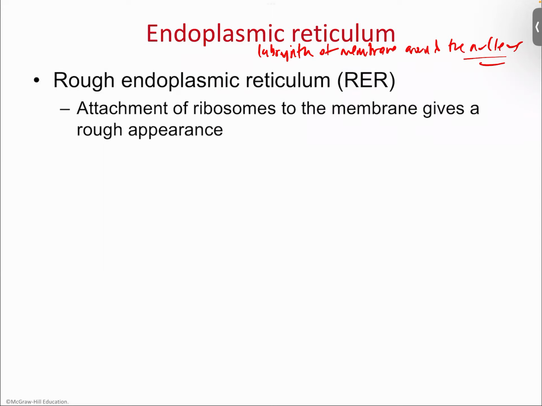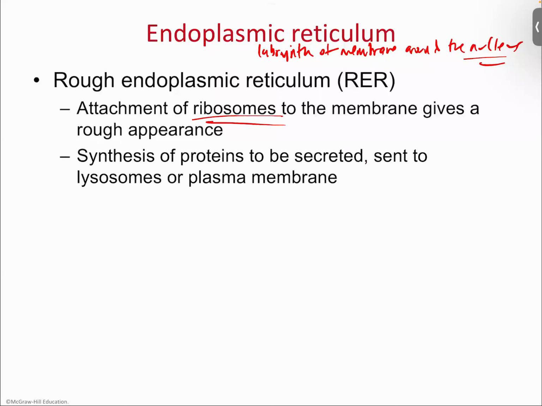The rough is so called because it's got a bunch of ribosomes that are actually embedded and tethered to it. Remember, we just got done talking about ribosomes being able to be free, floating in the cytoplasm, or tethered to internal membranes. Well, these guys here actually have ribosomes attached to the endoplasmic reticulum membranes, which gives them a rough, stubbly appearance, which is the reason why they call it the rough ER.